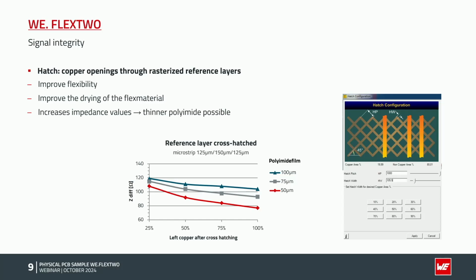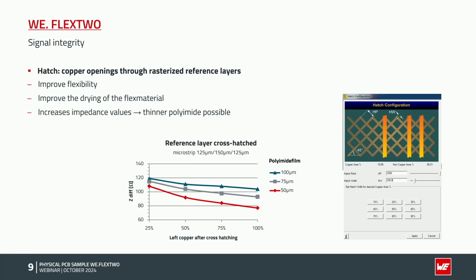It's the same as we can change material. If you look here, you have different polyimide foils. Polyimide foils are available from 25 up to 125 micron. Standard thickness is 50 micron. I would say this is the standard price. Everything thicker or thinner increases the price.